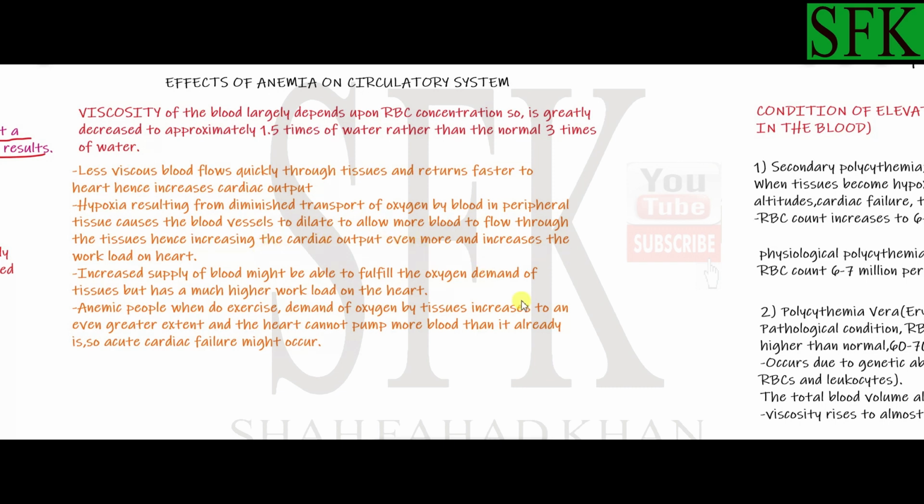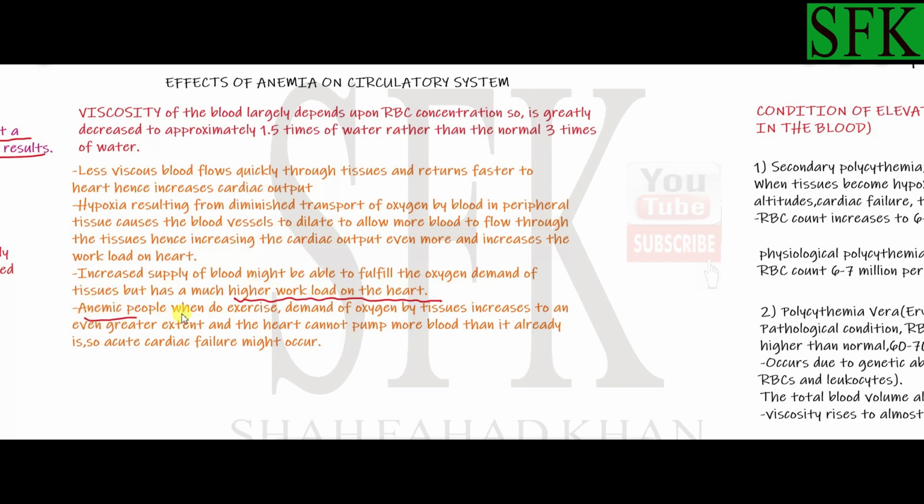This will neutralize the effect of low oxygen concentration in the peripheral tissues, because now more volume of blood will be supplied to them. So they might be fulfilling the oxygen demand, but this will still put a higher workload on the heart, and so again this increases the probability of cardiac failure.